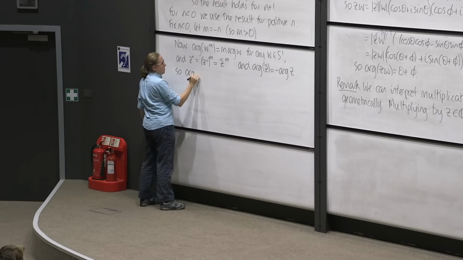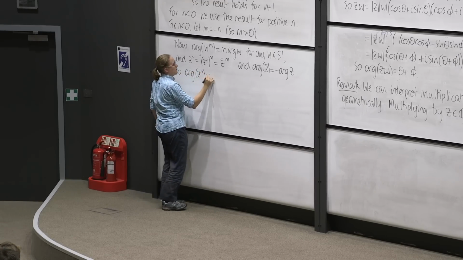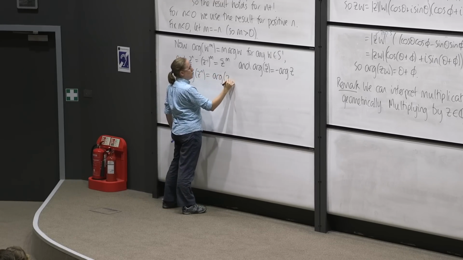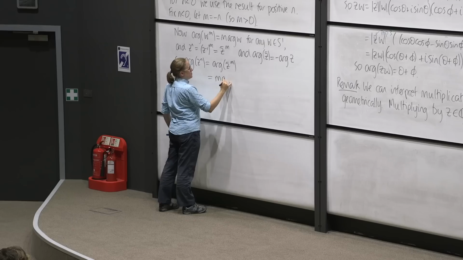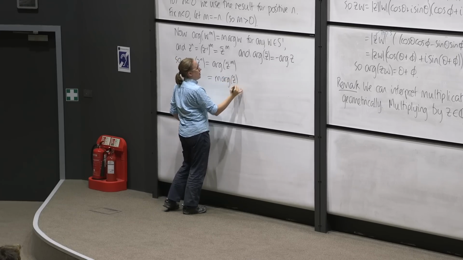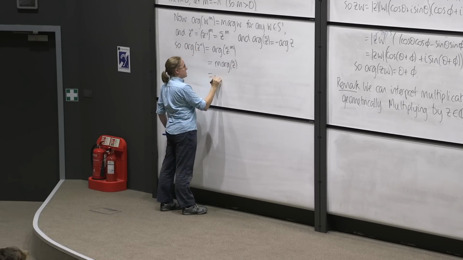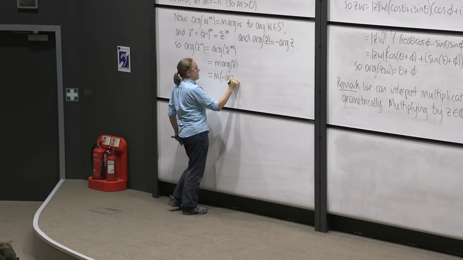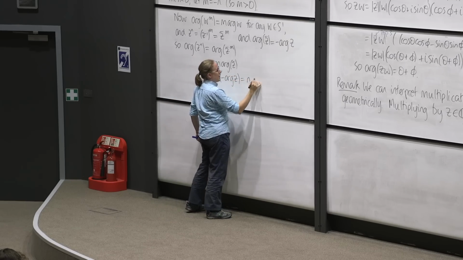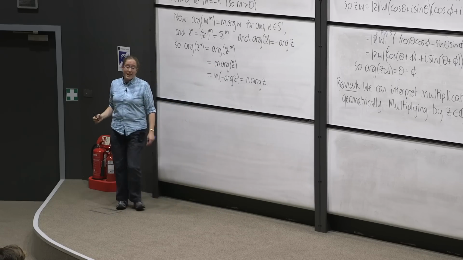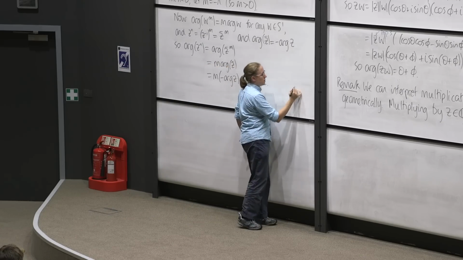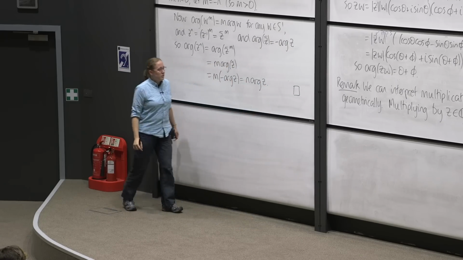So the argument of z to the n is the argument of z bar to the m, which is m times the argument of z bar, which is m times minus the argument of z, which is n times the argument of z. So that proves the result for negative values using the result for positive values.